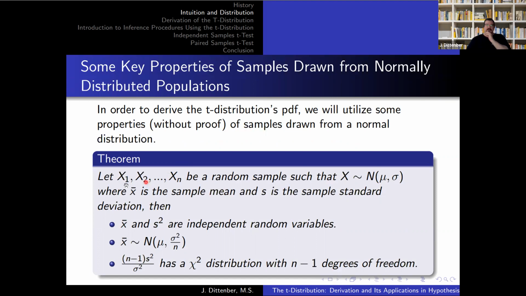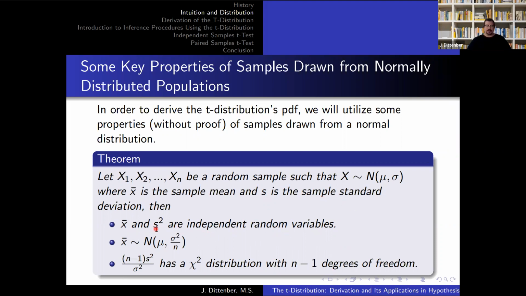If we've got a random sample drawn from a population that's normally distributed, and we define the mean and the standard deviation of each sample as we showed in a previous slide, then the results are that the mean and the variance of the sample are independent random variables.